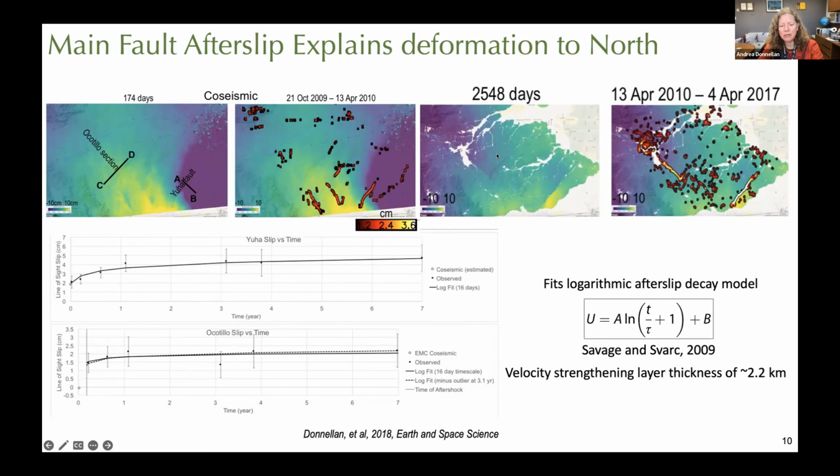Using Jay's edge detection, we can pick out this deformation and measure the amount of slip. And then over time, you see this conjugate growth of these two faults, but they do decay. They fit a logarithmic afterslip decay model very well, with a velocity strengthening layer thickness of about 2.2 kilometers.